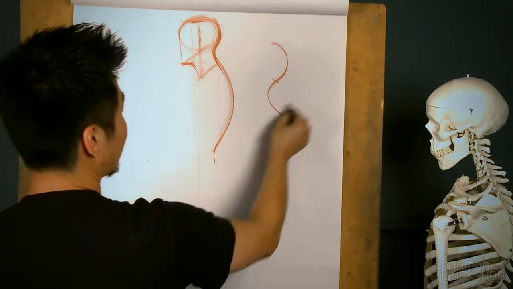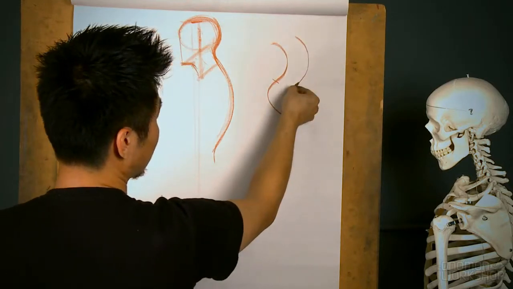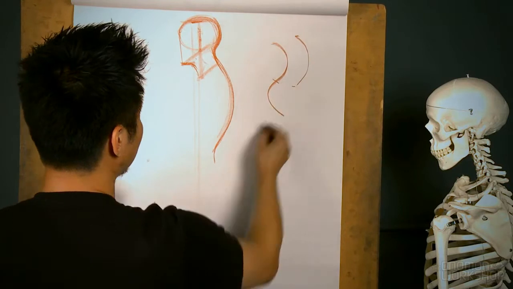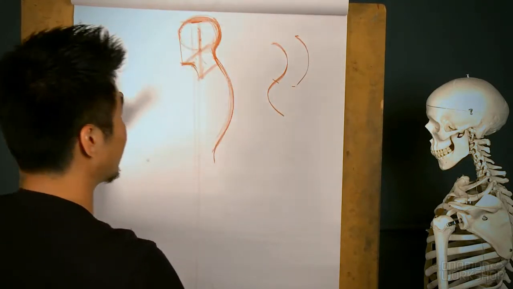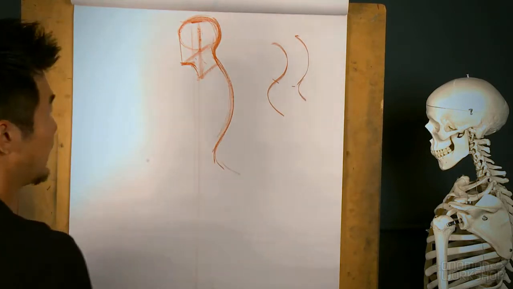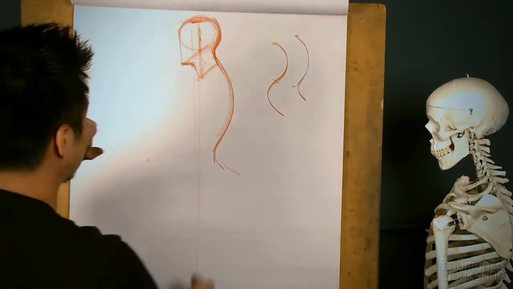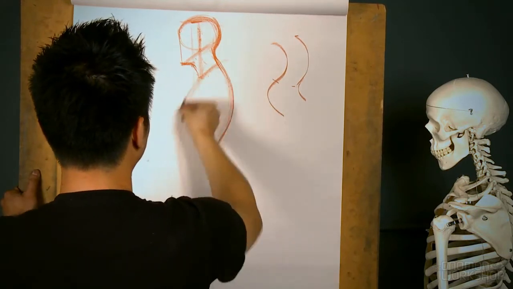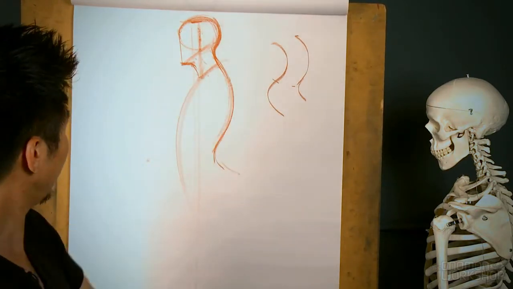So I usually keep it safe. I usually look for a C curve, just from point to point, and that's easier to measure. You can compare it to the head or compare it to somewhere else, and then you can do another curve after that.